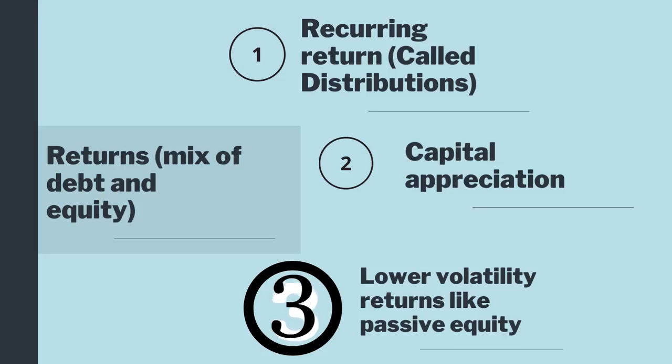And the third part is how REITs have a lower volatility compared to passive equity investing. So this is the third element. So the returns as well as the risk can be evaluated now with the help of an example of a REIT, which is Embassy REIT, because that has been there for a longer time comparatively to the other two REITs.